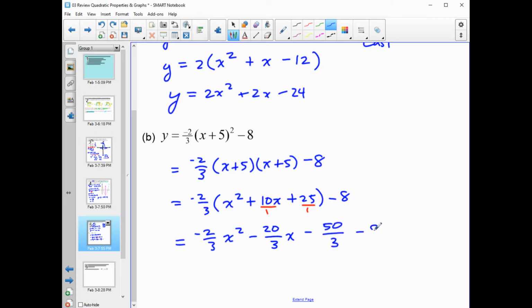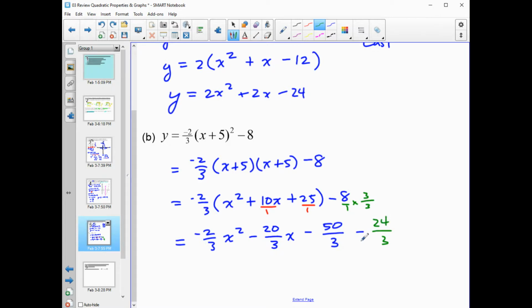And I could write minus 8 here, but with a little bit of foresight, you might realize, hold on, this term is a constant term, so I'm going to have to combine those. So why don't I just go ahead right now and put this one over 3 instead? Instead of writing this as minus 8, or essentially 8 over 1, let's multiply top and bottom by 3, giving the denominator a 3, and the top ends up becoming 24.